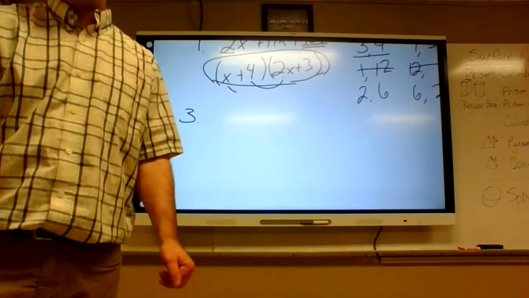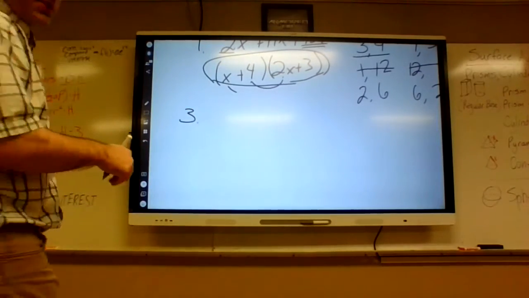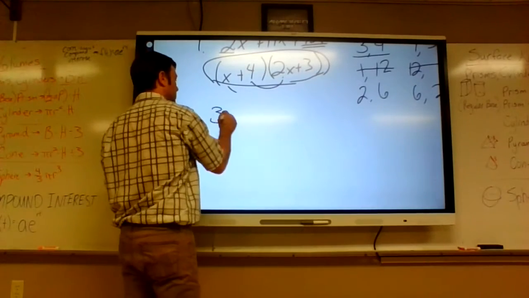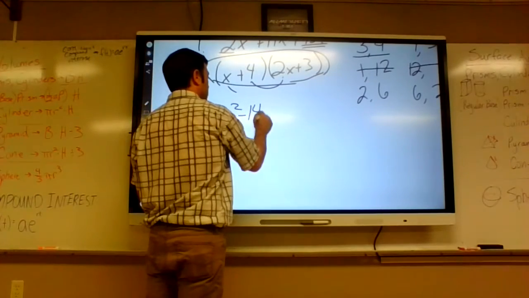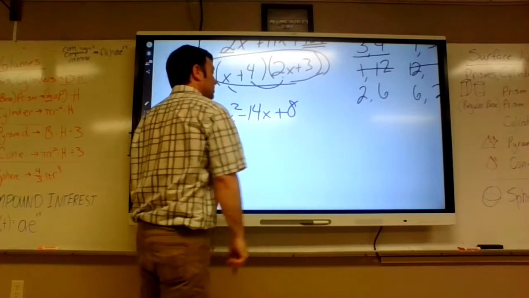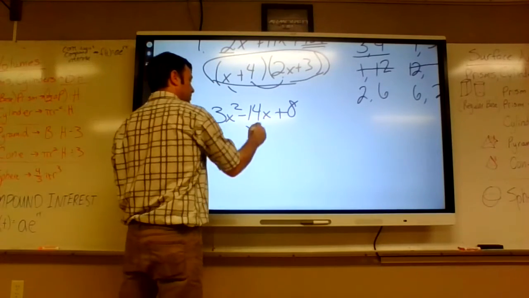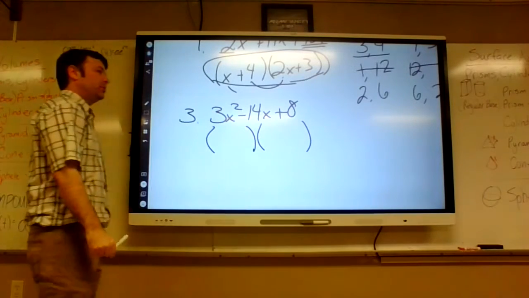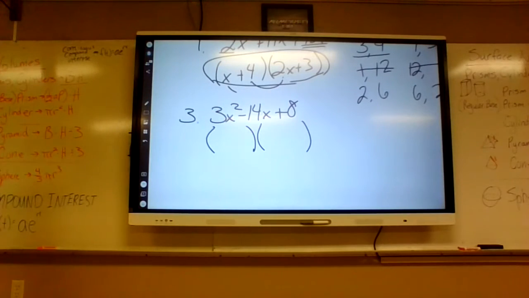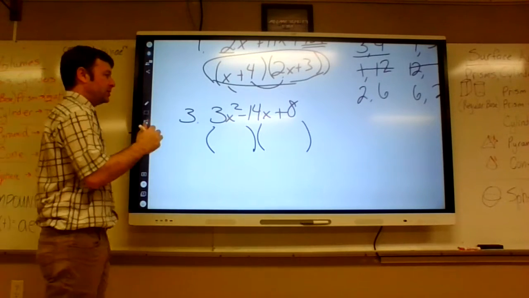Number 3. 3x squared minus 14x plus 8. Okay, so what am I going to put in front? What goes into 3? 1 and 3, 1 times 3.